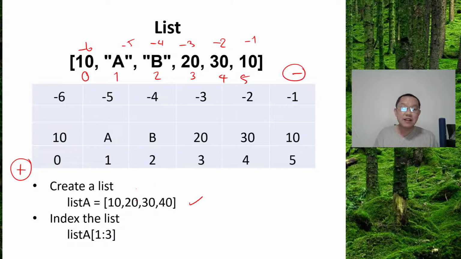So this list contains 4 items: 0, 1, 2, and 3. We can index by using square brackets as well, and separate the starting position from the ending position by using a colon sign.